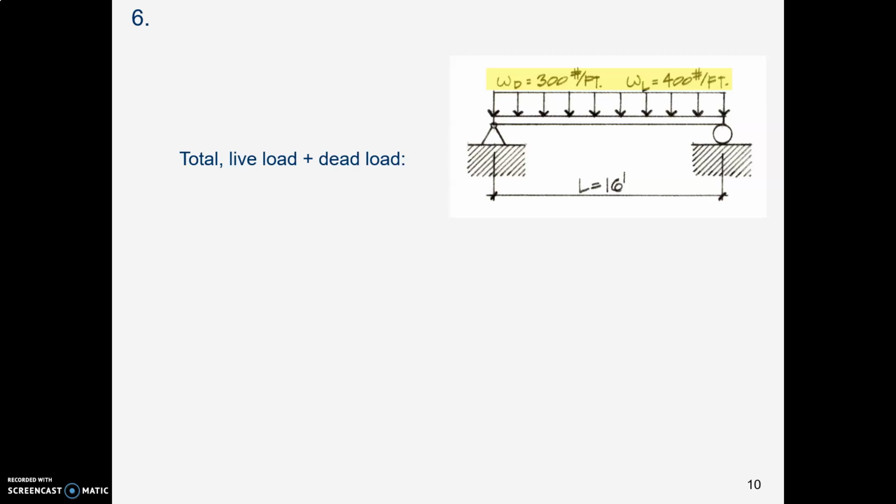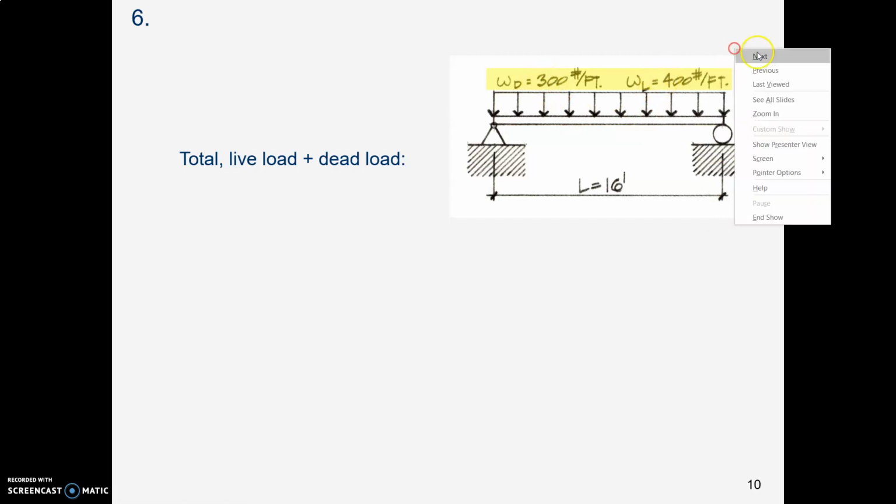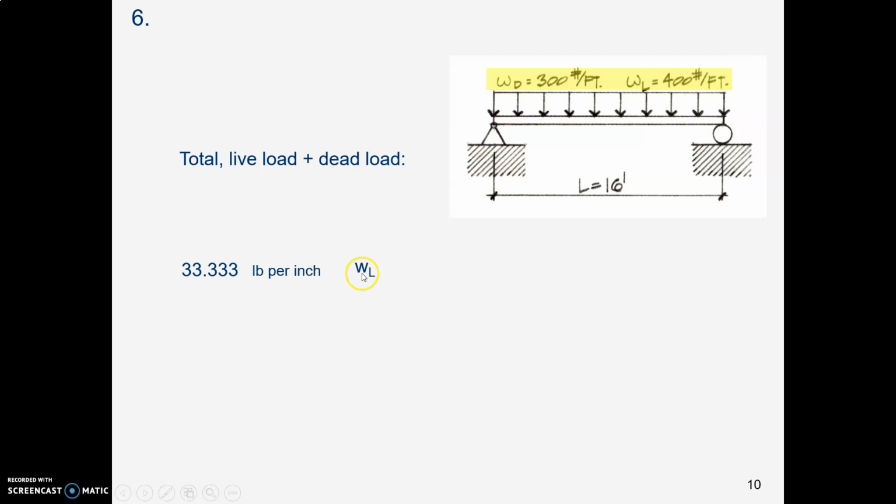Now, what is the total? Because we're being asked to figure out how much is the total with the dead load and the live load together. So we figured out the live load, 400 divided by 12 gave us 33 1/3 pounds per inch.